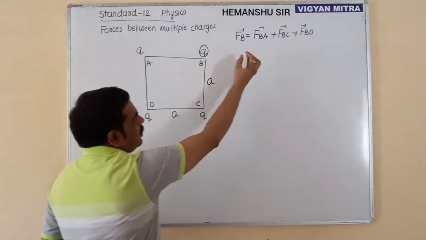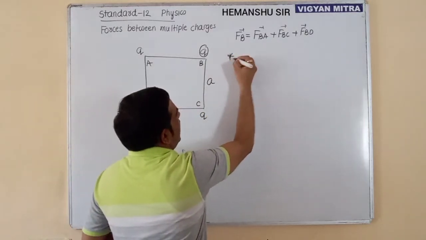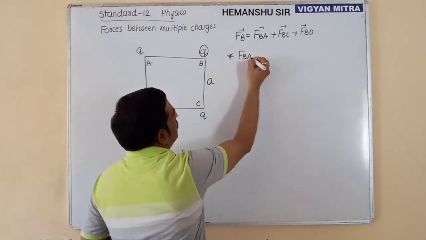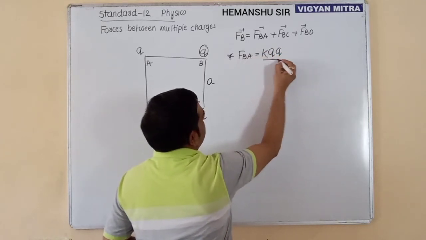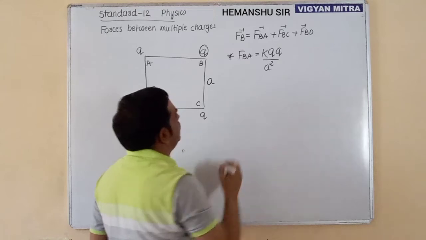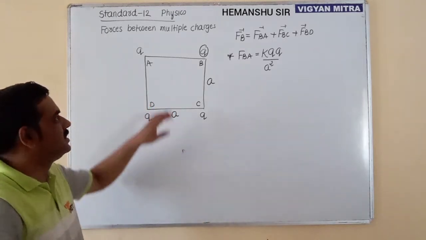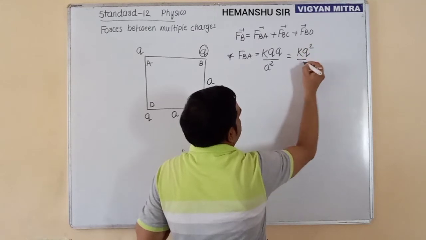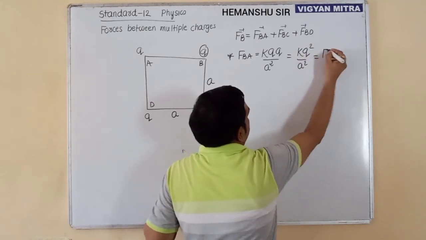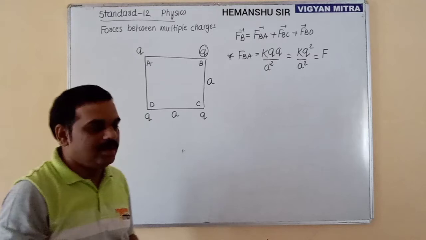Now the magnitudes of these vectors. FBA: k, charge on B, charge on A, and the distance between A and B is a, so a square. So k Q square by a square. Let k Q square by a square be F.